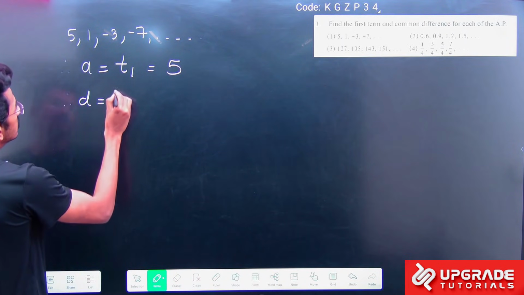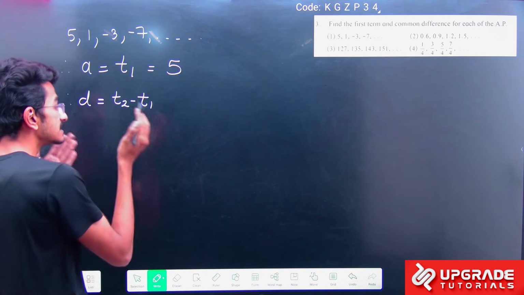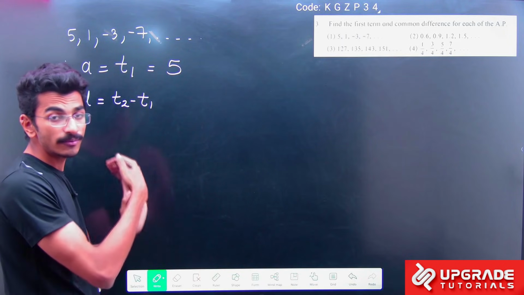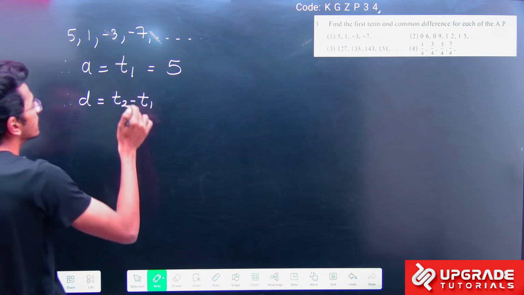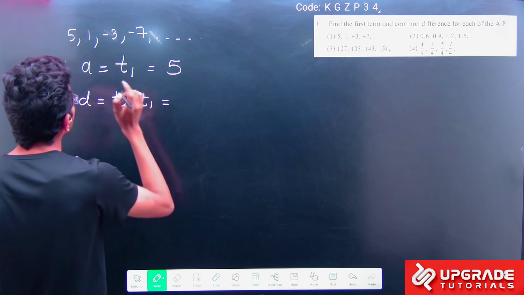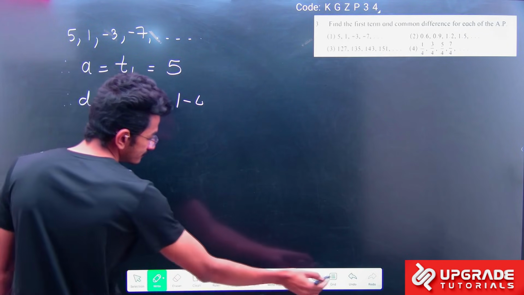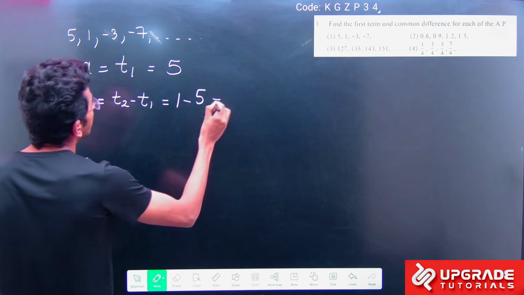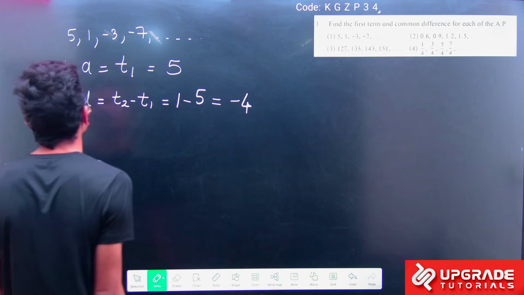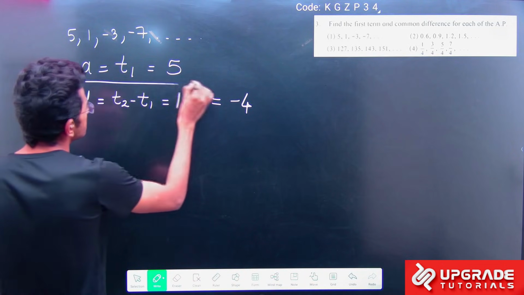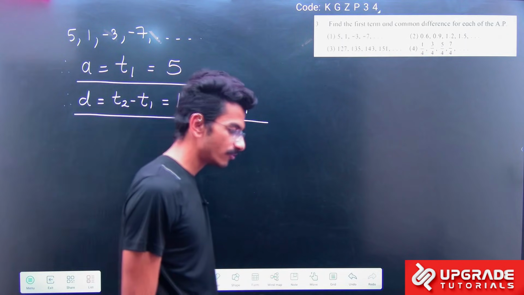D is nothing but T2 minus T1. You can also take D as T3 minus T2, T4 minus T3, T5 minus T4. But just for your convenience, I am taking the subtraction of the first two terms, 1 minus 5. What is it? 1 minus 5 is minus 4. Very easy. First term is 5. Common difference is minus 4.